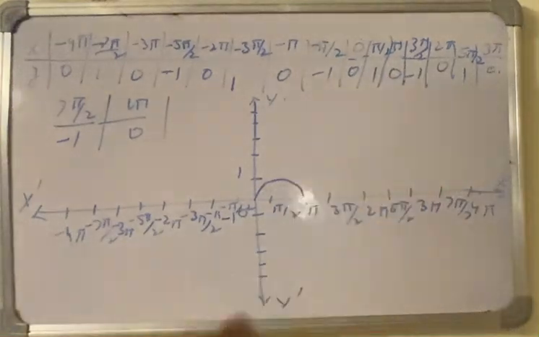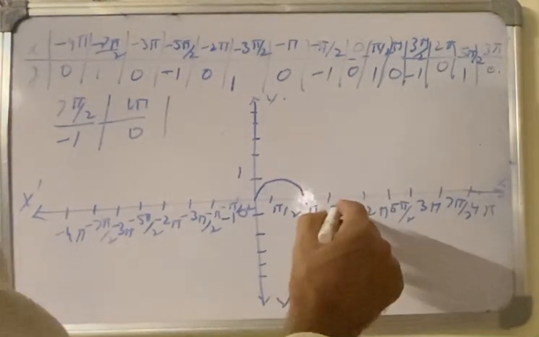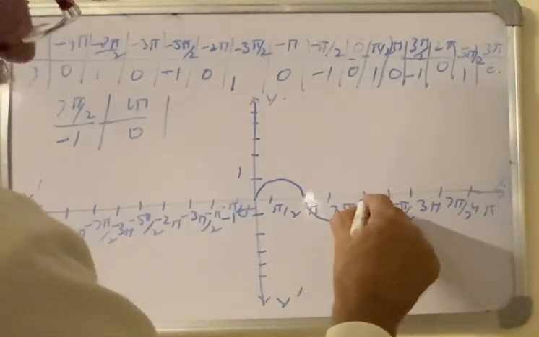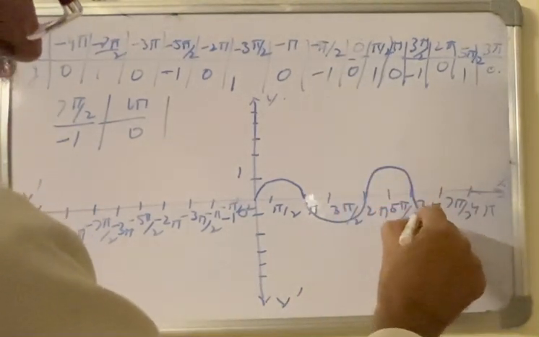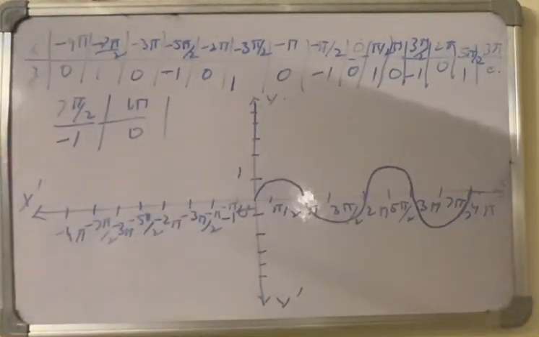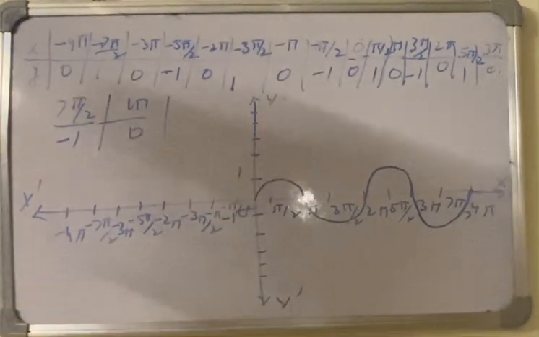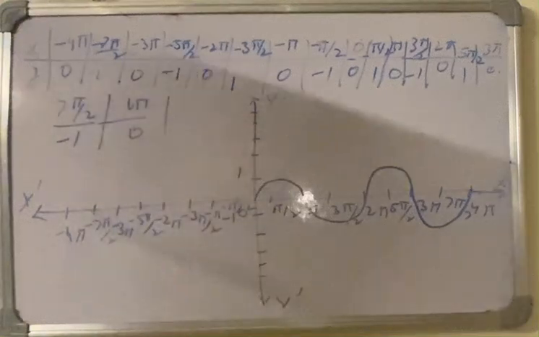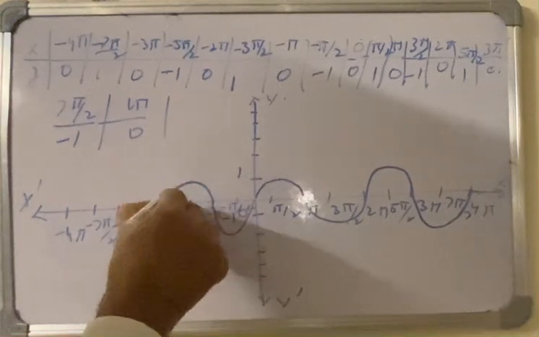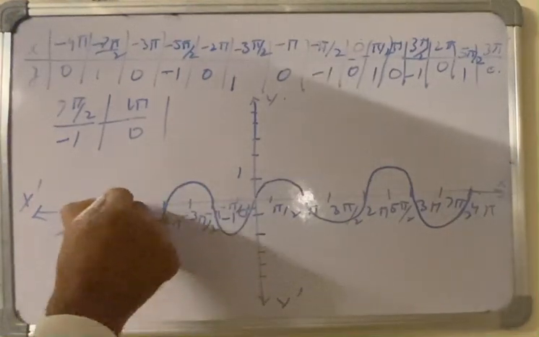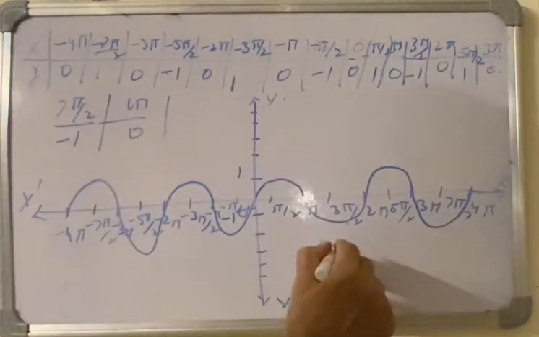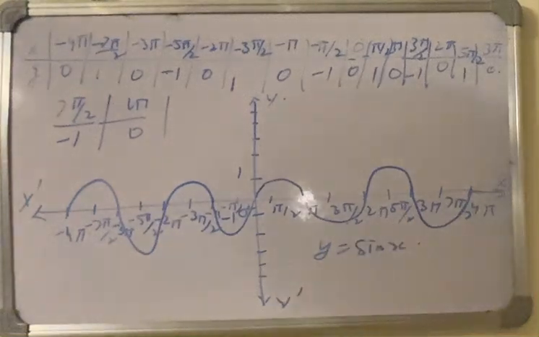Then it goes in the reverse direction. At 3 pi by 2, it is minus 1. Minus 1 is this. At 2 pi it is 0. Similarly, in this way, it goes. Similar on this side, exactly in the same way. At minus pi it is 0. Similarly, it goes in this way. So this is the graph of y is equal to sin x.